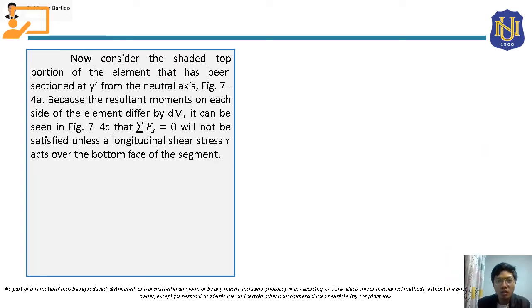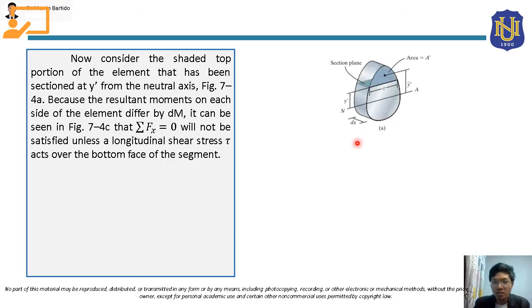Now, we consider the shaded top portion of the element that has been sectioned at y prime from the neutral axis as shown here. So let's say at distance y prime from the neutral axis, class, and then we consider the area above that point. So the area will be this shaded portion.